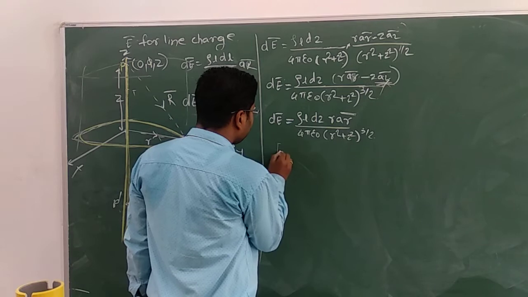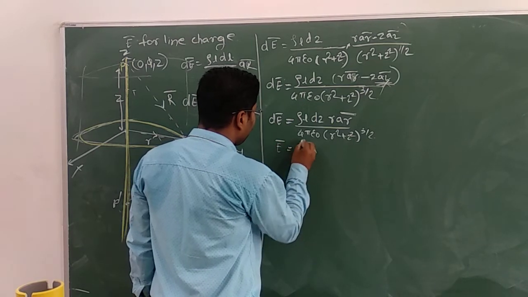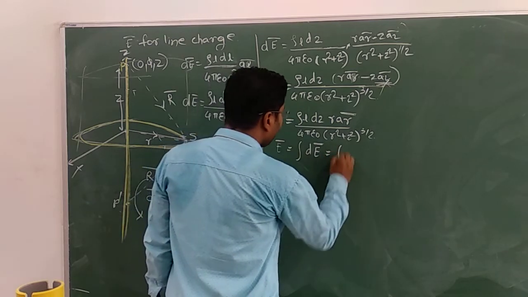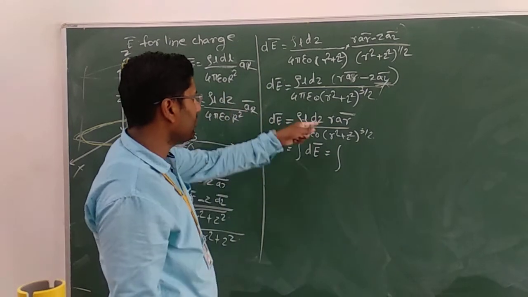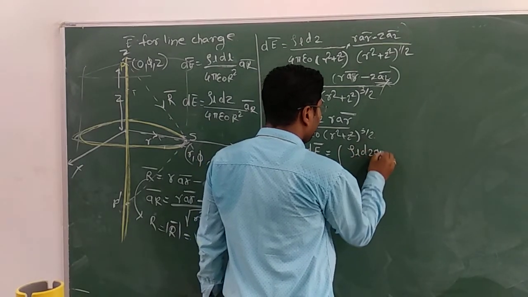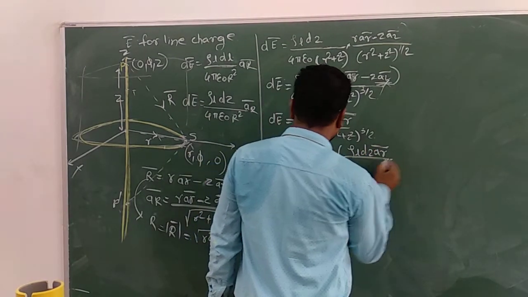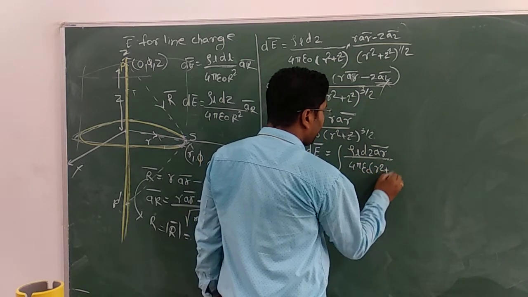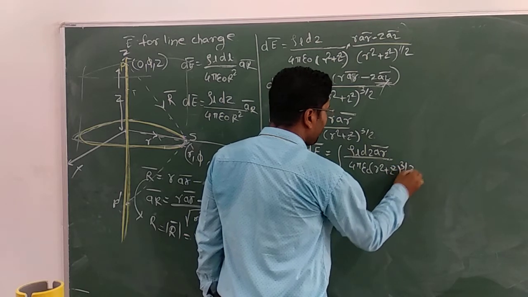E bar is equal to the integration of dE bar, so the total integration of rho L dZ aR bar divided by 4 pi epsilon 0 (R square plus Z square) raised to 3 by 2.